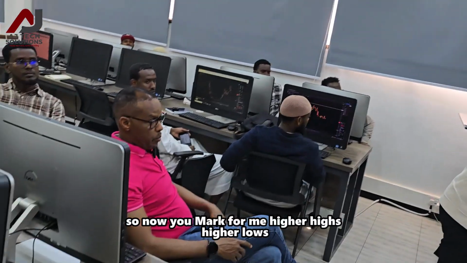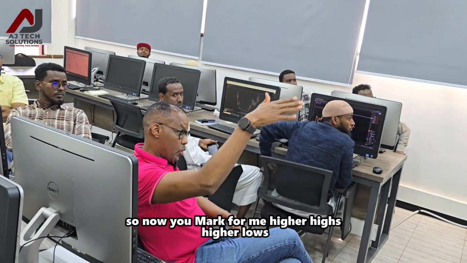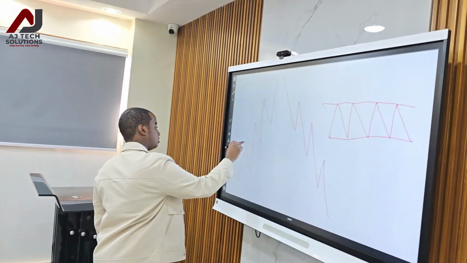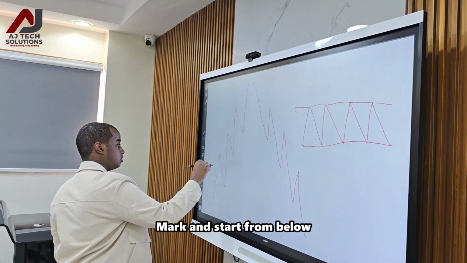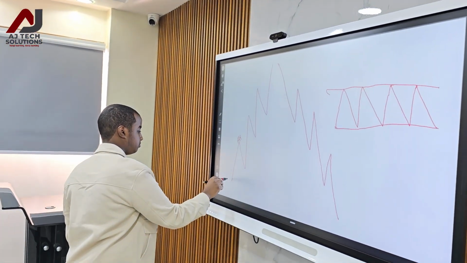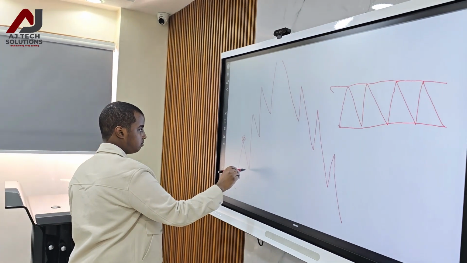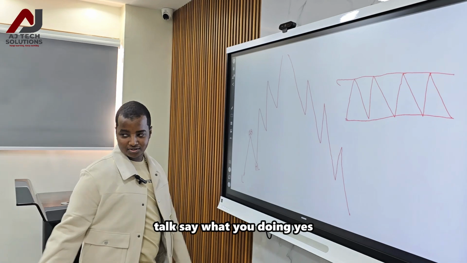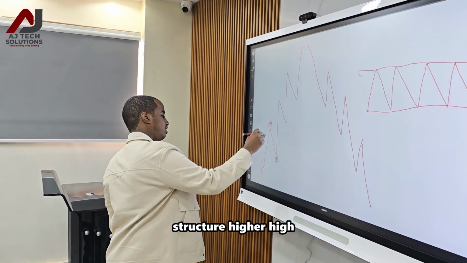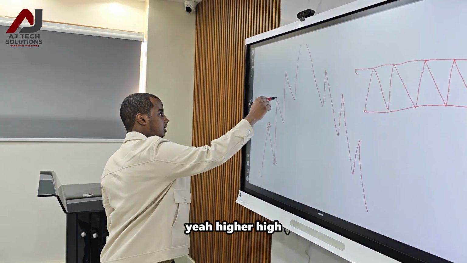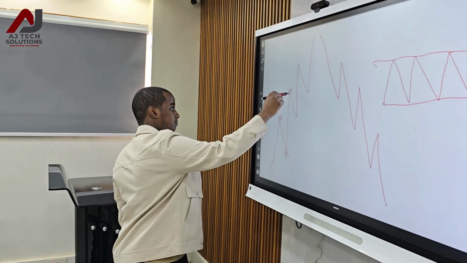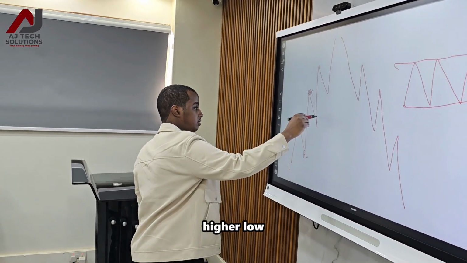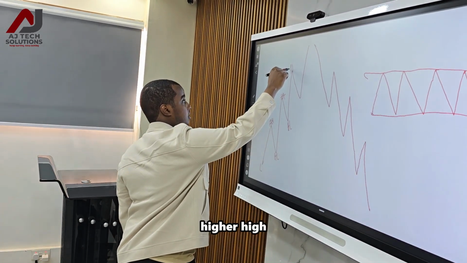So now you mark for me higher highs, higher lows, lower lows, and lower highs. The market starts from the low. Talk and say what you're doing. Yes, structure, high, high. And high, low. High, high. High, low.